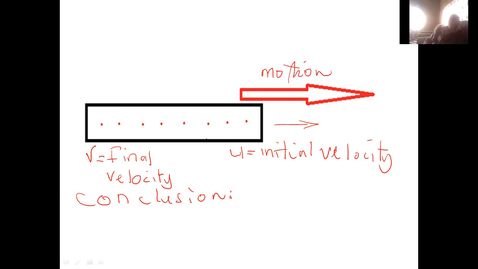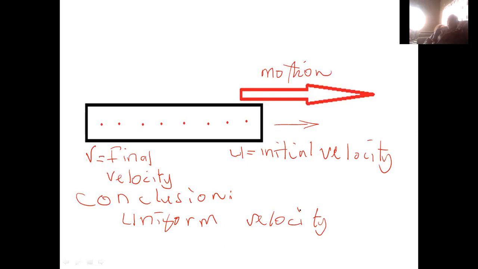And therefore, you notice that actually this object is moving with the constant velocity or uniform velocity. So on a strip, if the dots are of the same distance between each other, it means that object is moving with the constant velocity.